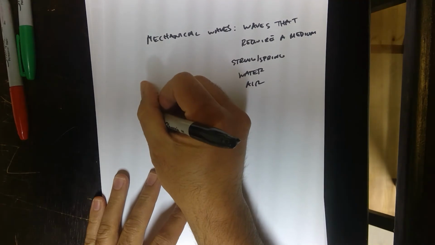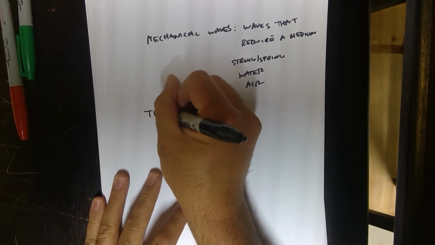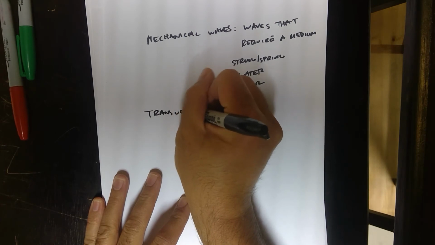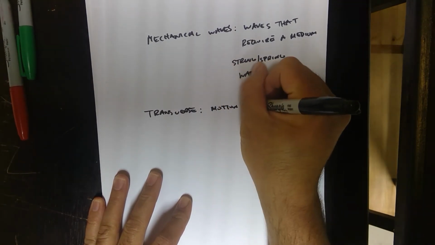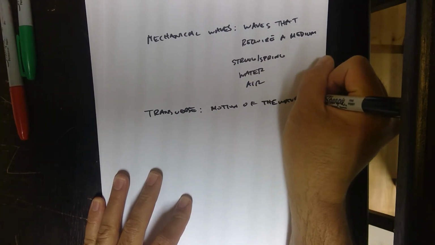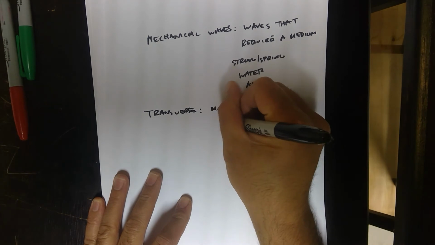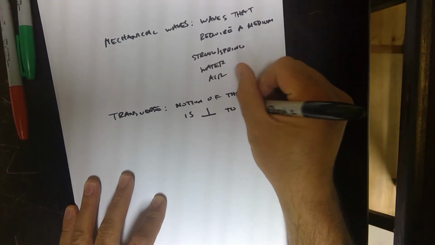Now we have two types of waves that we're going to focus on in terms of mechanical waves. We've got our transverse waves: the motion of the wave is perpendicular to the disturbance.